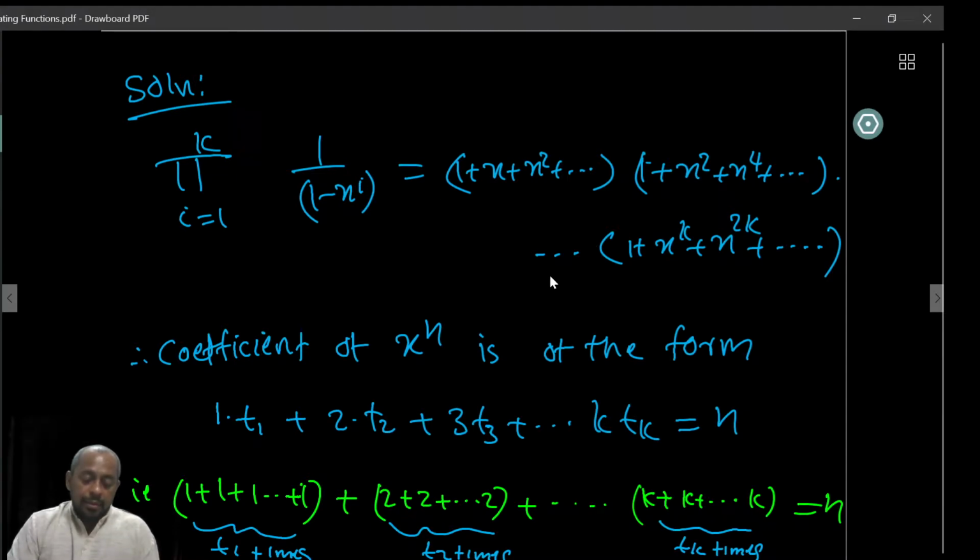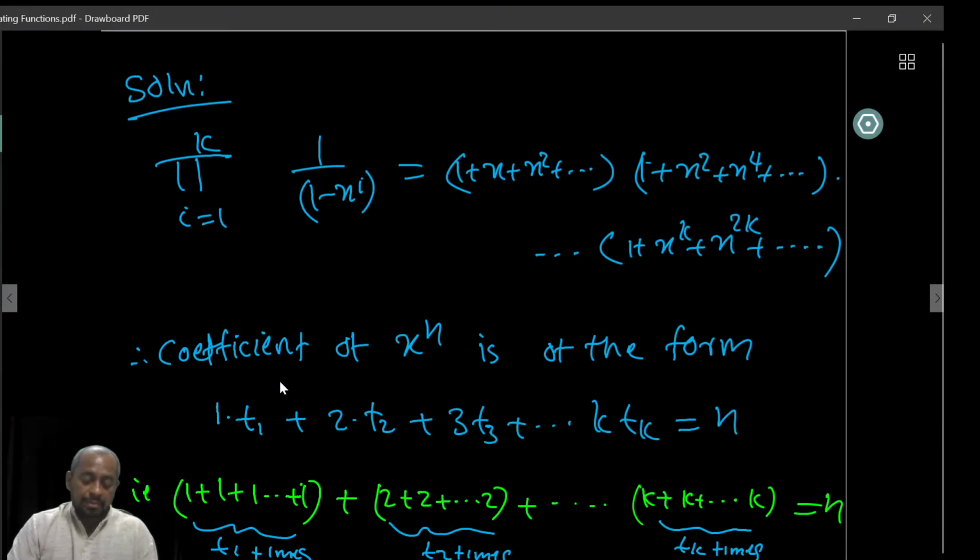Now in this product, what is the coefficient of x raised to n? If you look at the coefficient of x raised to n, that comes from taking one term from each of these k brackets. So the term will look like something like 1 times t1, whatever is the degree.